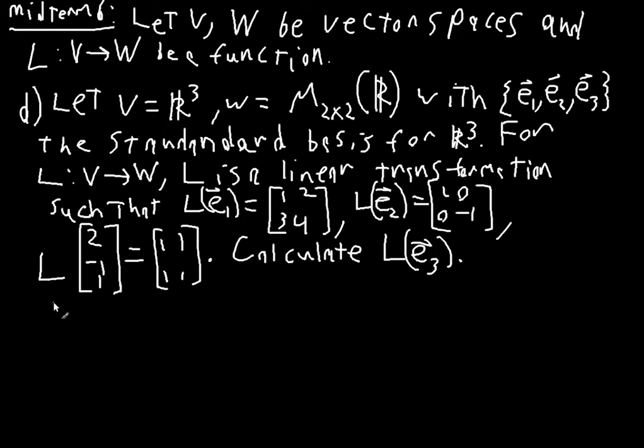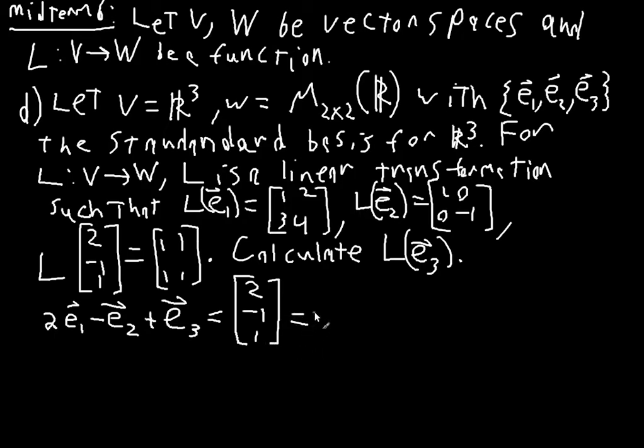But what we can do is notice that if we take 2 times E1, subtract off E2, and then add E3, we get this random vector.